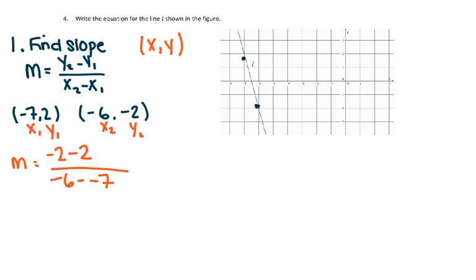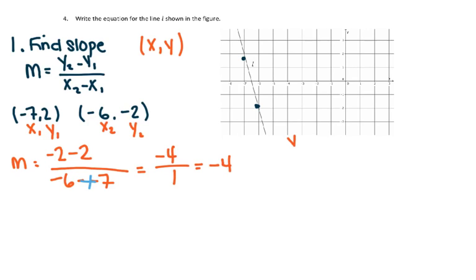So this gives me negative 2 minus 2 is negative 4. And technically, this down here is negative 6 plus 7. And negative 6 plus 7 is positive 1. So on the bottom of this slope fraction, I've got 1. So technically, my slope is negative 4.